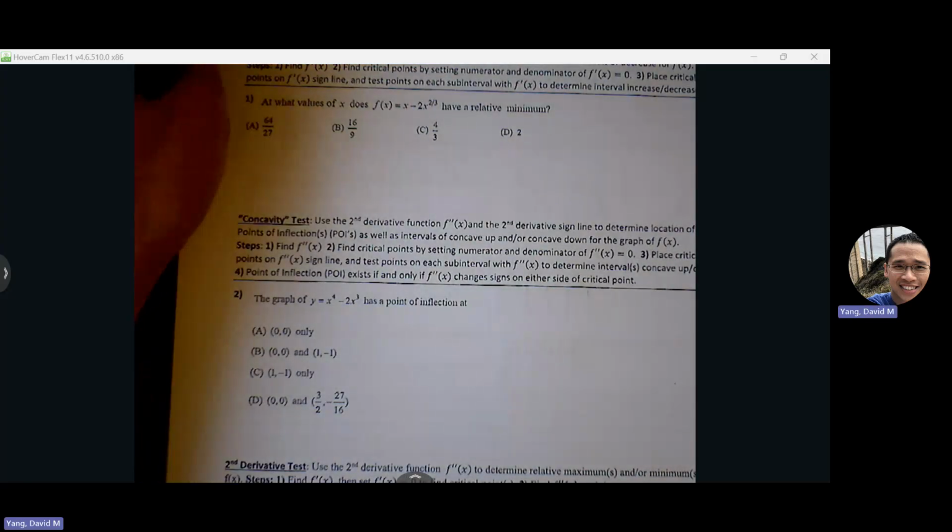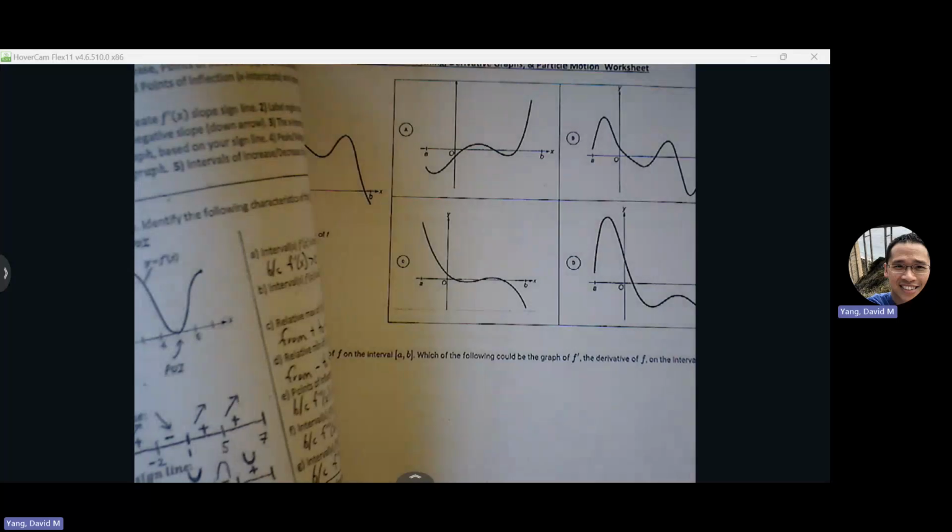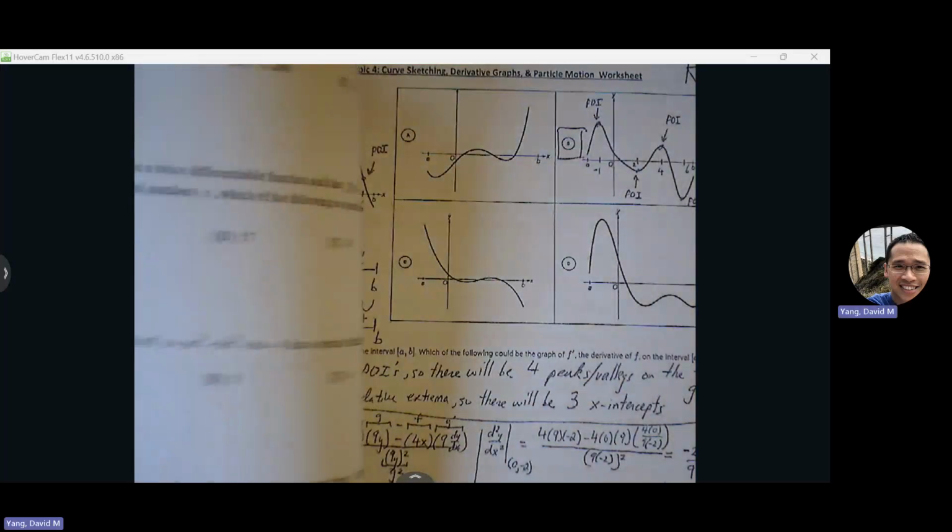First derivative test to see if there's a relative maximum in the second derivative. Yeah. So we can do two instances of that.